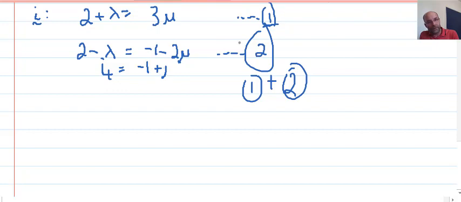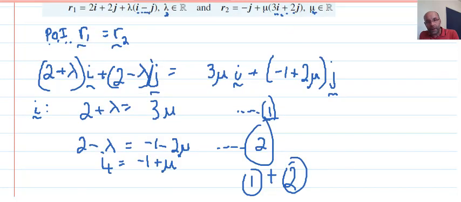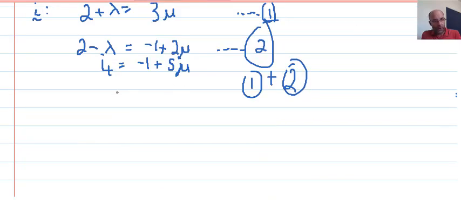By the way, the mistake came from, I wrote earlier on a minus there that should be a plus. That's why I've had to make a sudden change. So we then get 4 equals -1 plus 5 mu.